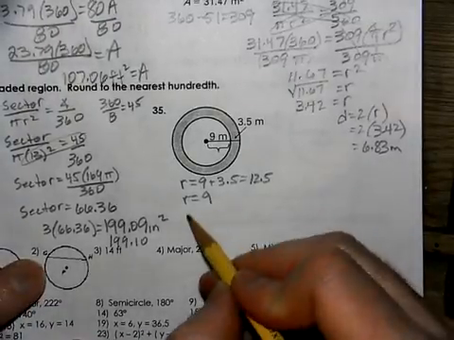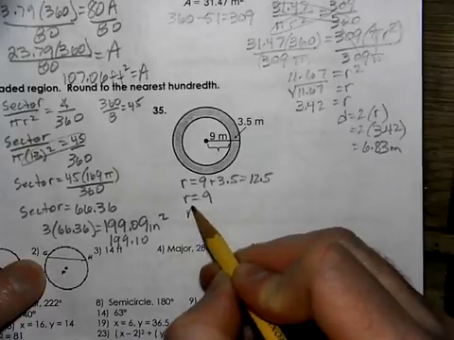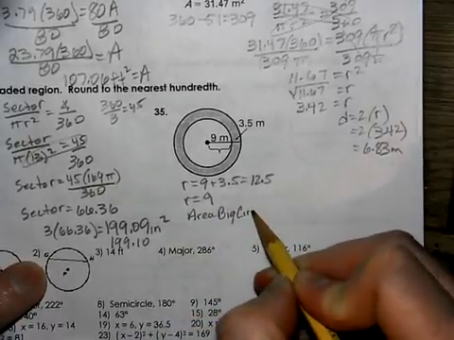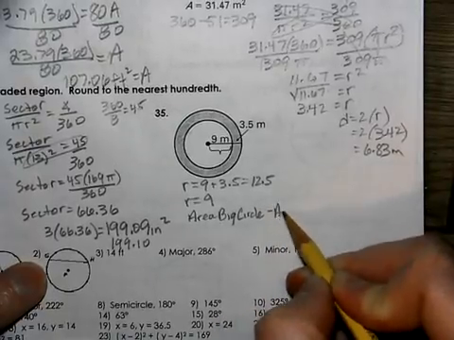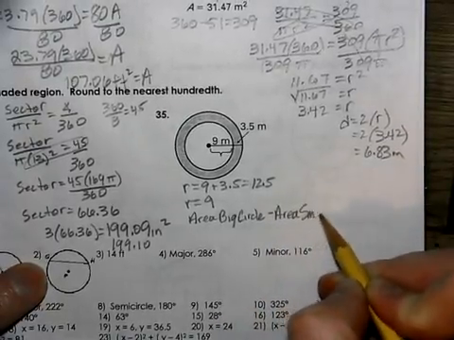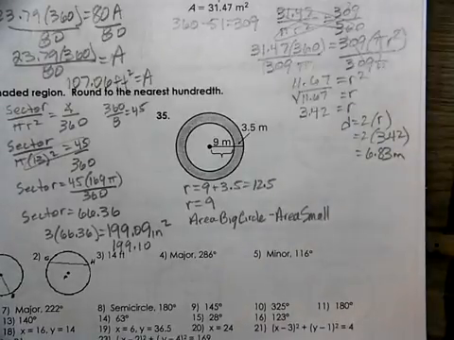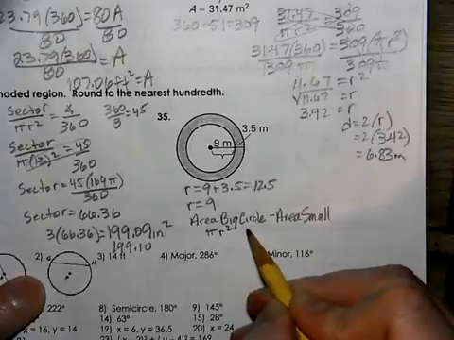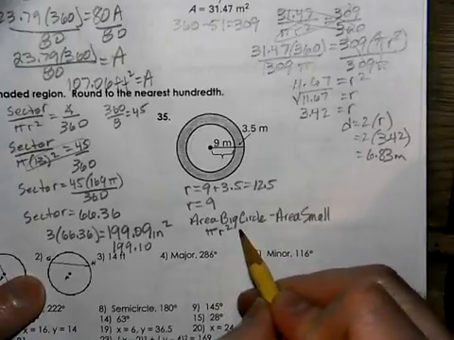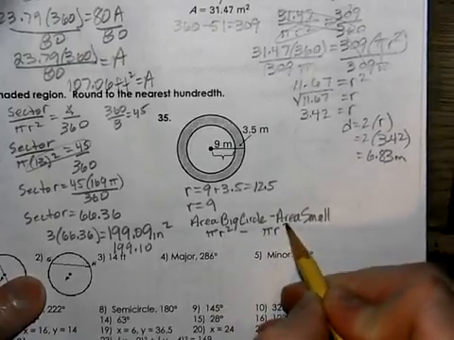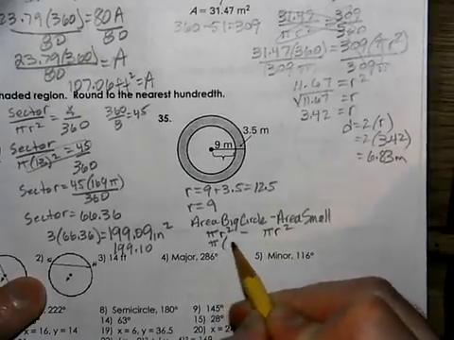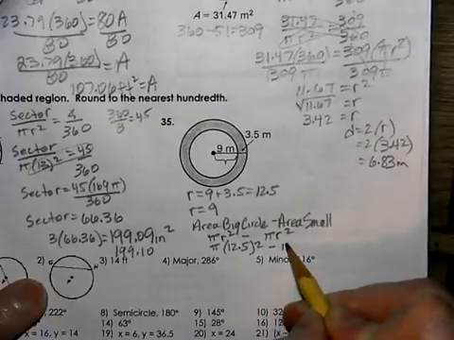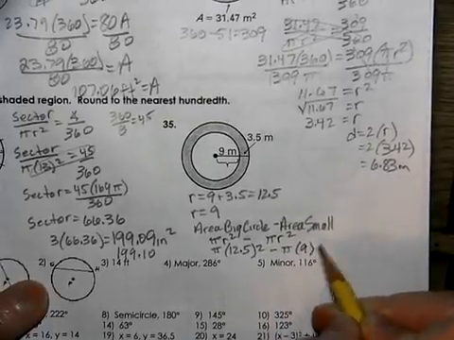What we're going to look for is area of the big circle minus area of the small circle. So we're going to take pi r squared minus pi r squared. Pi 12.5 squared minus pi 9 squared.